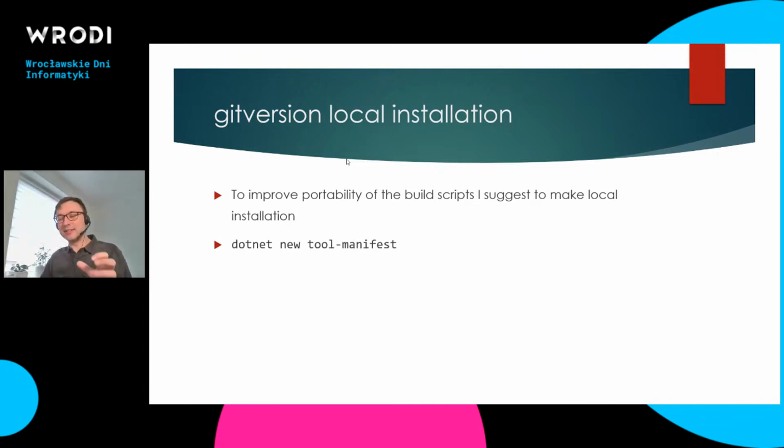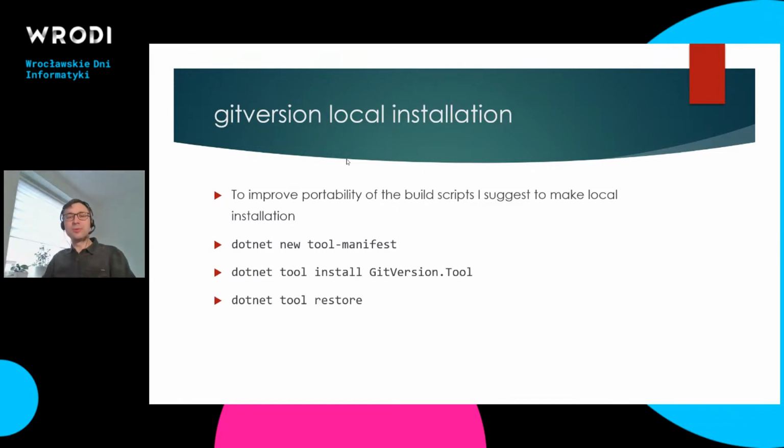It will create the JSON file within your project, so you can commit it to the repository, and other people can make use of that. And then you can install the tool, and it will add an entry to the JSON file. So other members of the team will be able to restore the packages.